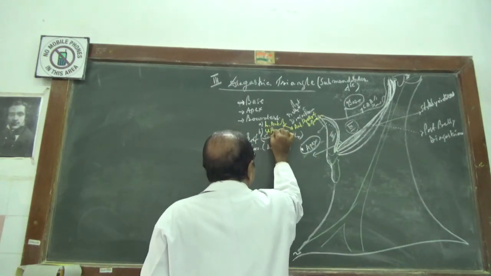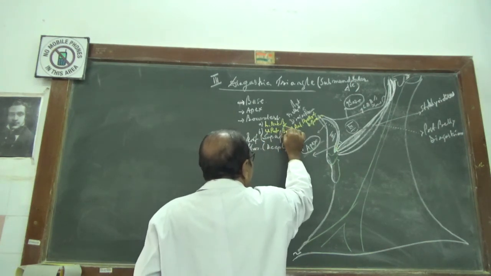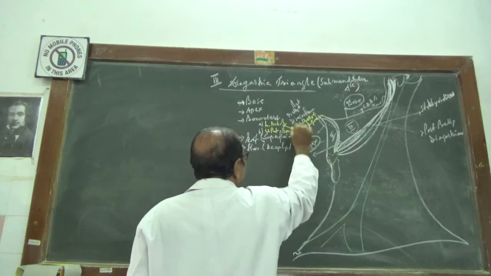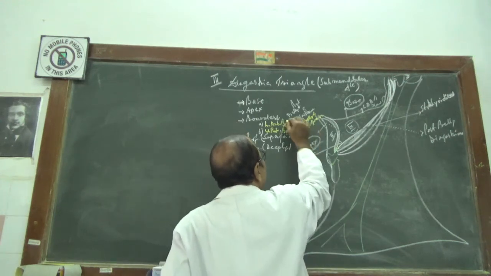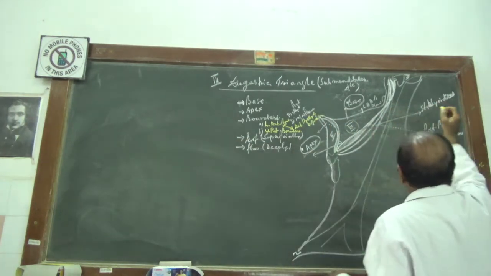The upper posterior, or postero-superior, boundary, or limit, or rather you can say border, is formed by two muscles successively.